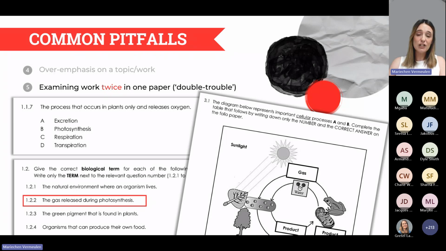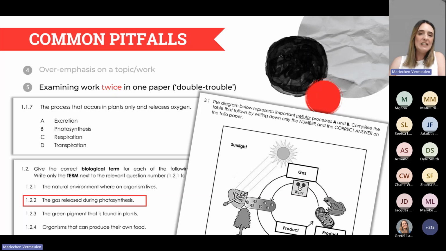Then you have a scientific term where you again basically ask for the gas that's released during photosynthesis, and the answer is oxygen. And then maybe you have a question somewhere in section B where respiration and photosynthesis are intertwined in a diagram, and learners have to look at reactants and products. So they're missing the connection with oxygen and photosynthesis in 3 different places.